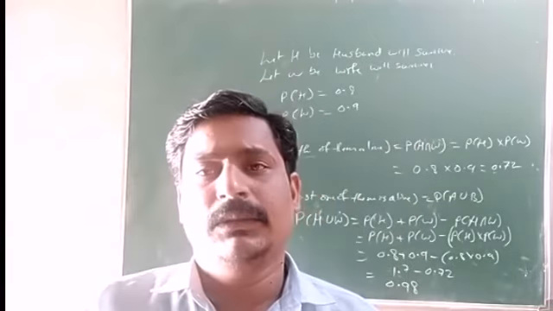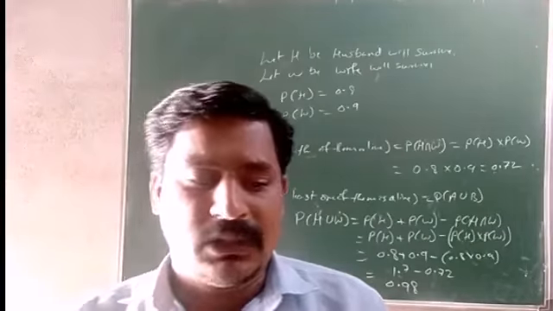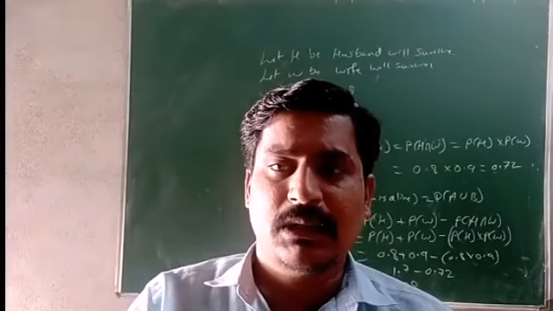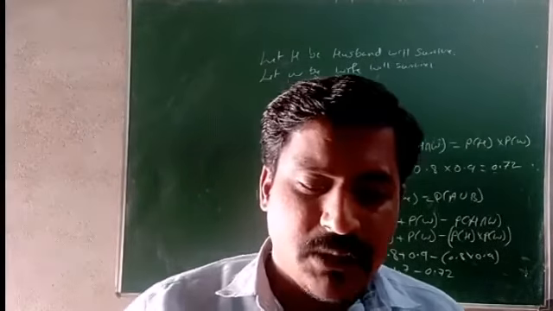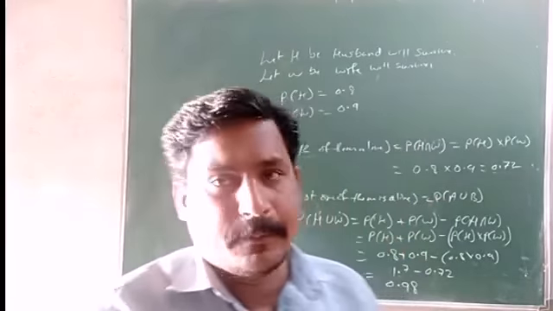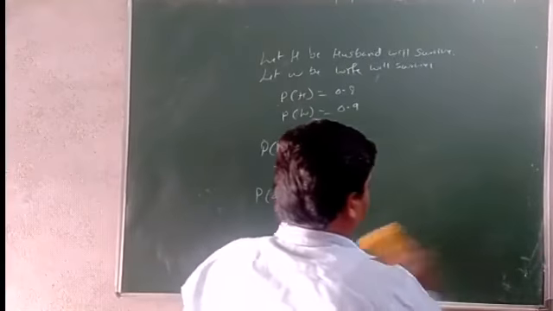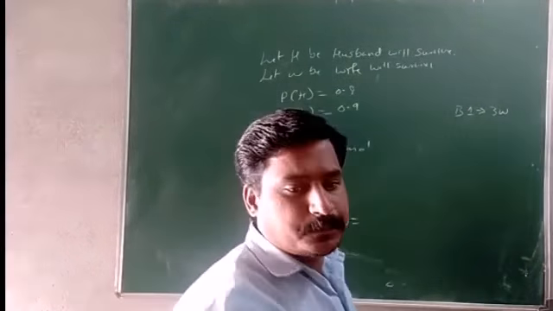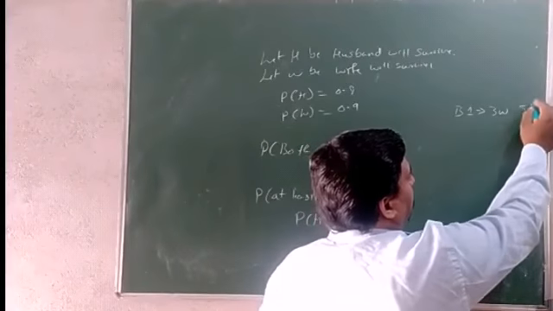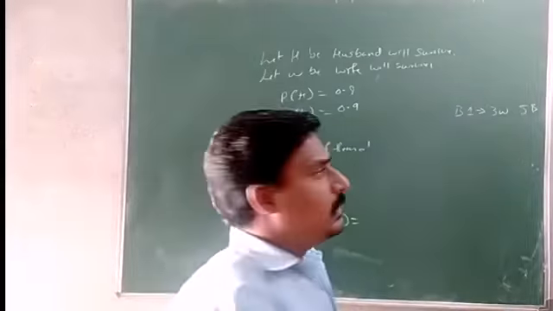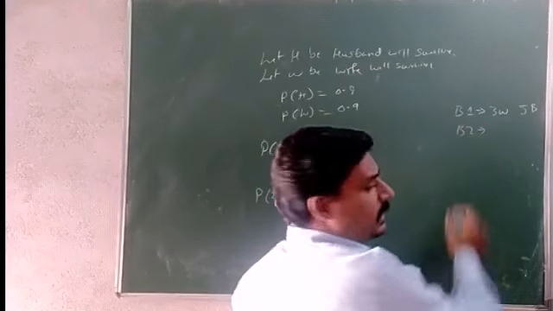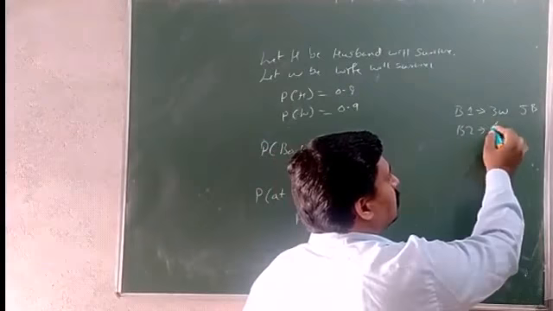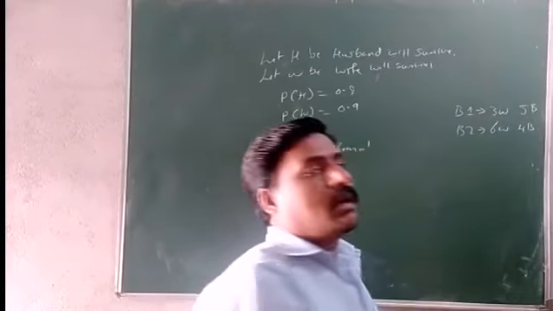So here two separate boxes are there, and in each box there are different numbers of different color marbles. Box 1 contains 3 white and 5 black marbles, and box 2 contains 6 white and 4 black marbles.